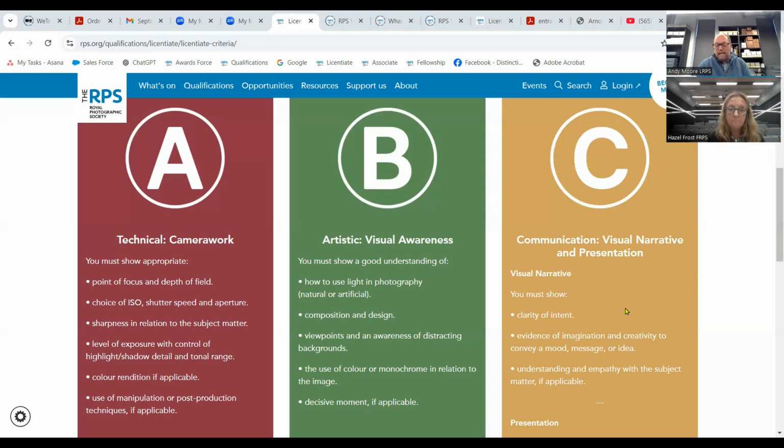Yeah, absolutely. And I think it's one of the key elements if you're going to be a licentiate, handling that background. You can do that by using the correct depth of field, and you can ask the assessor what they want to see in focus and what is out of focus. Yeah, absolutely. If someone is showing us a person or an animal, we're looking for critical focus on perhaps the eyes, because that's where you want the viewers to be directed.